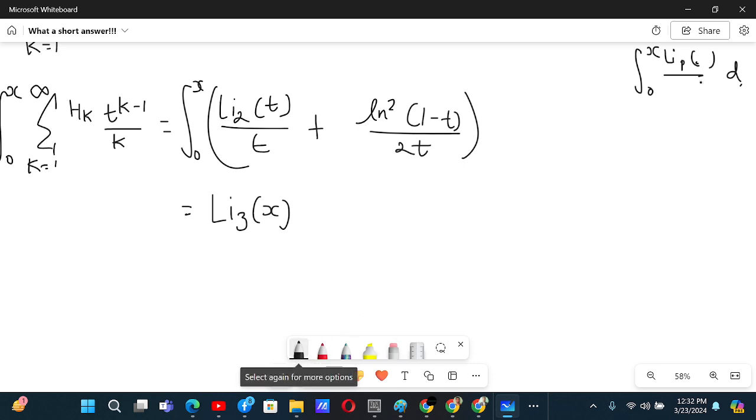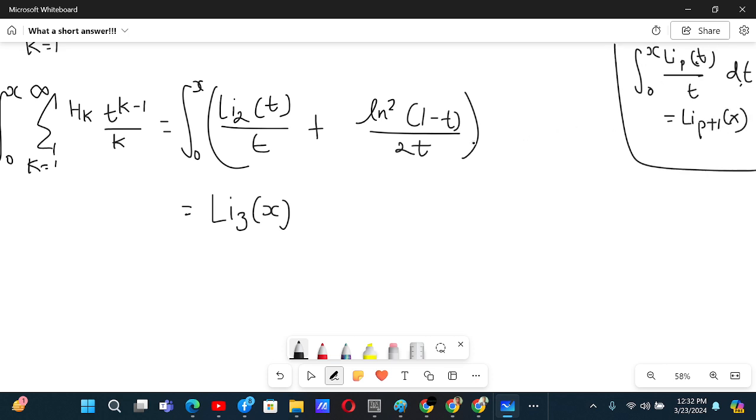Yeah, Lip of t by t dt. We know that this is just Lip plus 1 of x. Yeah, so that's why this is Li3 of x, and then plus we have 1 by 2 times integral from 0 to x of ln square 1 minus t by t dt.